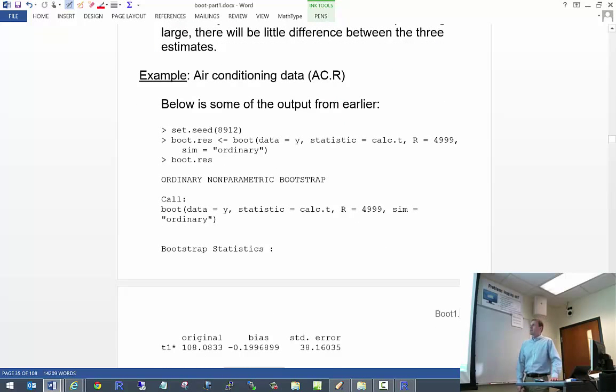Okay, so let's look at some examples that show how to do these calculations. We'll do this example, then we'll talk about the assignment. This was the AC data again. And just for emphasis, here's what I ran before with the boot function.